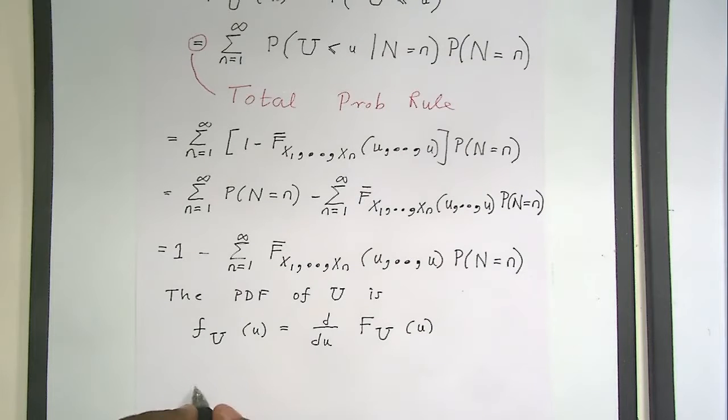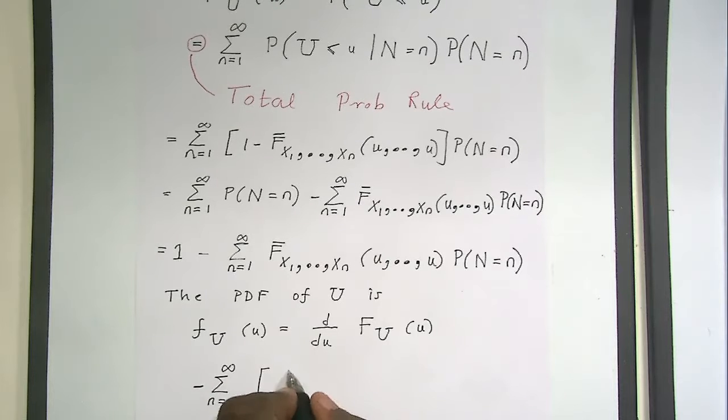You will get the following: minus the sum from n equal to 1 to infinity, in brackets, d by du.